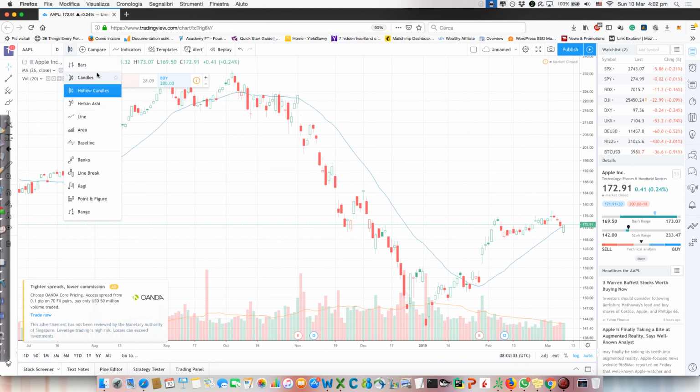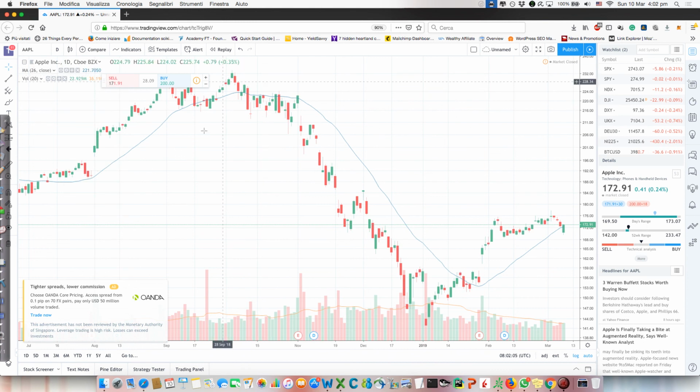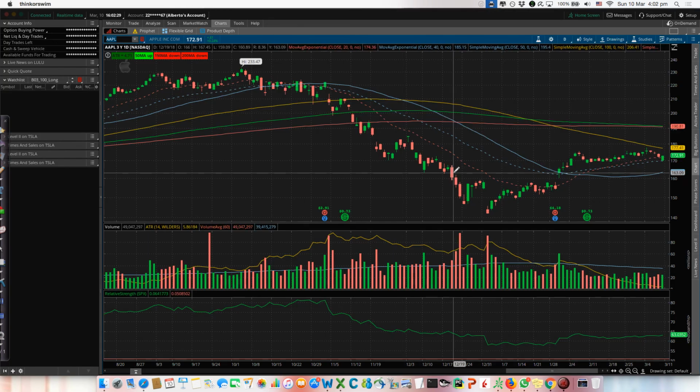So my suggestion is just use this, or maybe the black and hollow with one color, because the other one may be confusing, unless your strategy requires you to be very clear about the close price compared to the previous one. But for visualization, I suggest you use a simple method like this. That is also what I use here, and I think it's good enough.